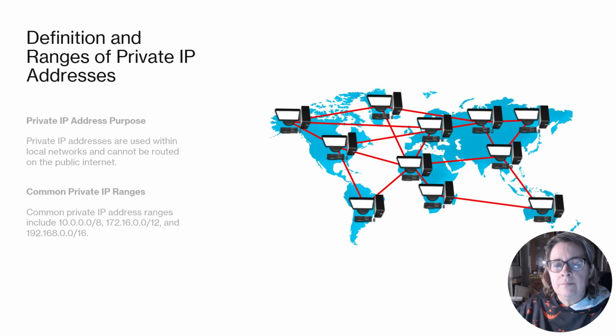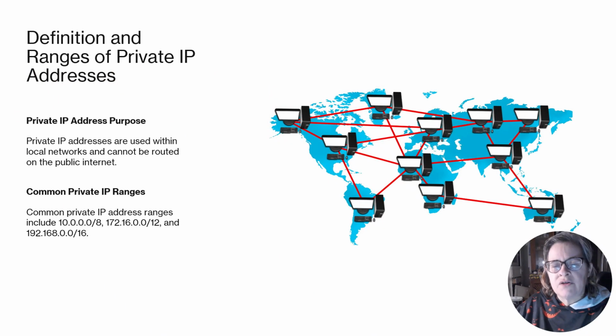Private IP addresses are reserved for use within local networks. So you're talking about companies or organizations that have their own networks. The internet's just a bunch of networks joined together, really. So private IP is for local use and not routable onto the public internet.